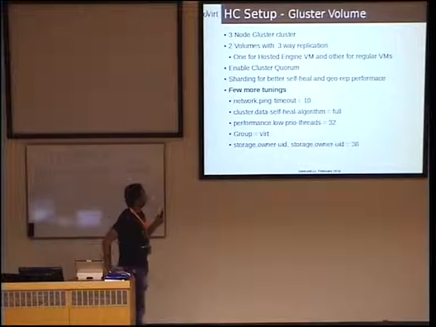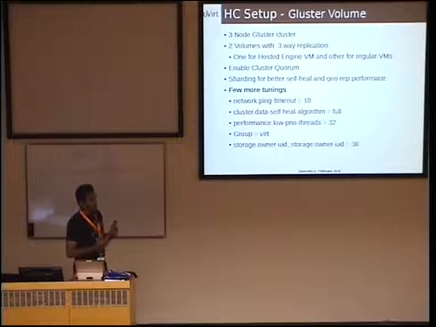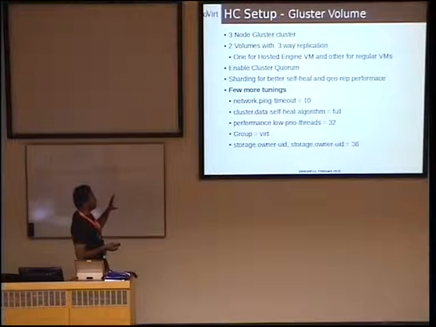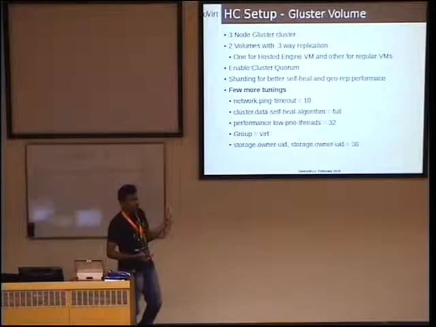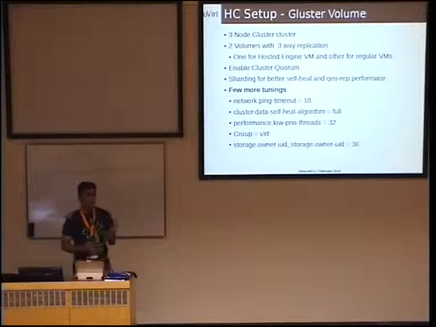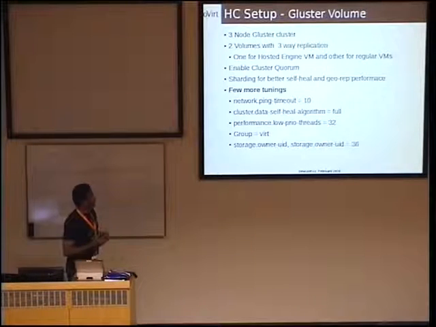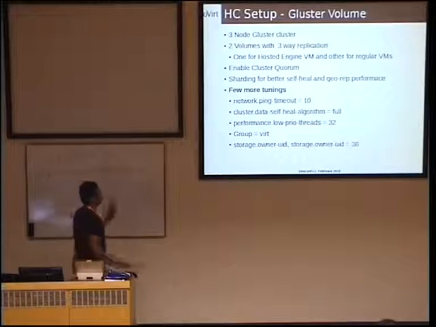Next, how do you set up? The first step to set up the hyperconverged setup is setting up your cluster volume. As I told you, we need to replicate 3 volumes. So we have 3 hypervisors. Make a trusted storage pool out of those 3 hosts. Then create a 3-way replica volume, at least 1 volume for now.